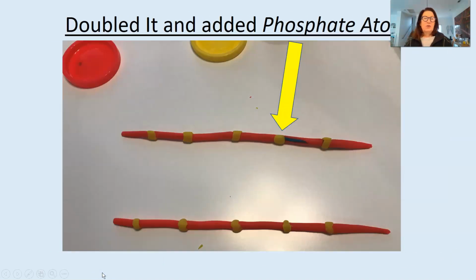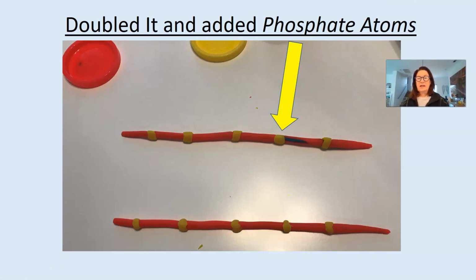Then I had to add my phosphate, right? Because remember I have phosphate, sugar, deoxyribose. So I added these little rings that you can see in yellow to be the phosphate.